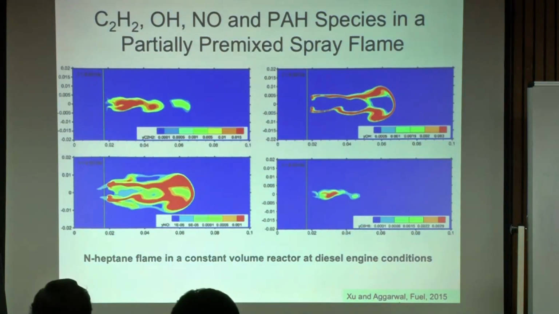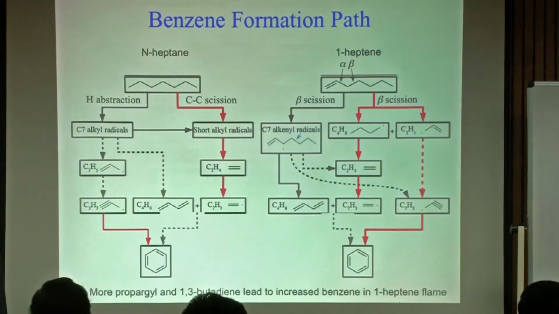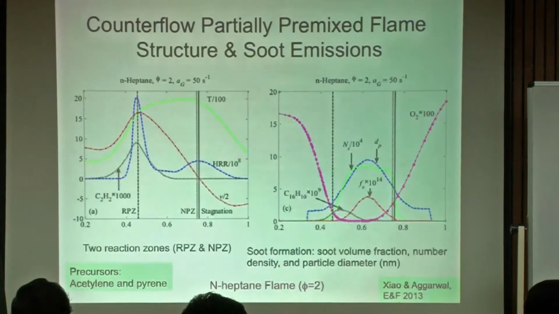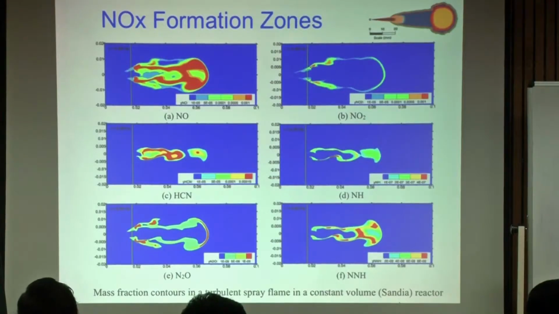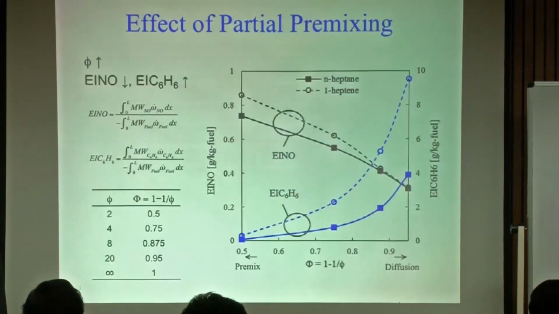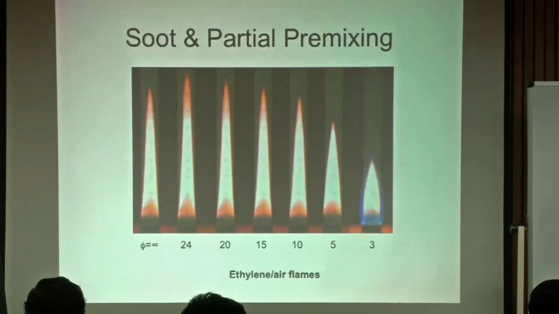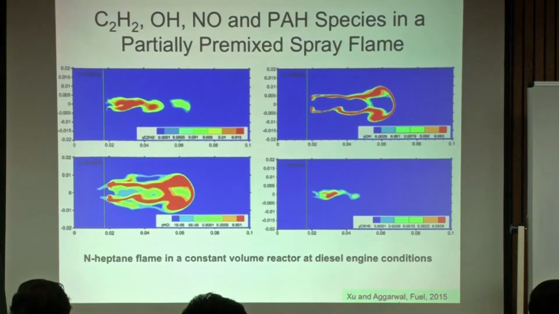So now the same constant volume reactor. You remember this? The same calculation we also did for soot properties. I'll just show some flame structures which focus on the soot properties. This one we already discussed. C2H2 is a precursor for soot and NOx.